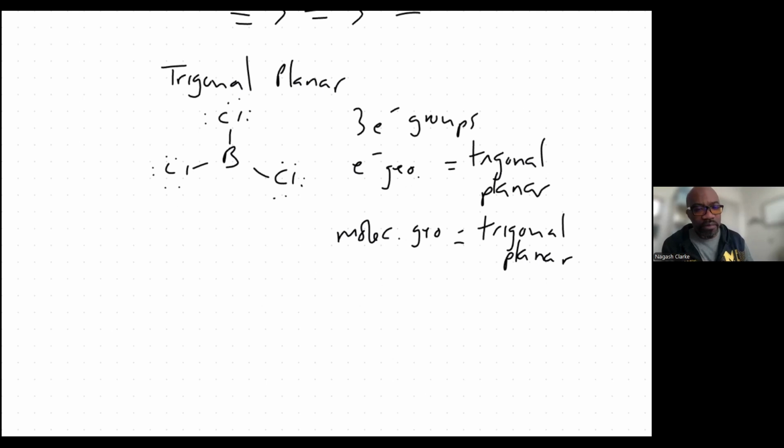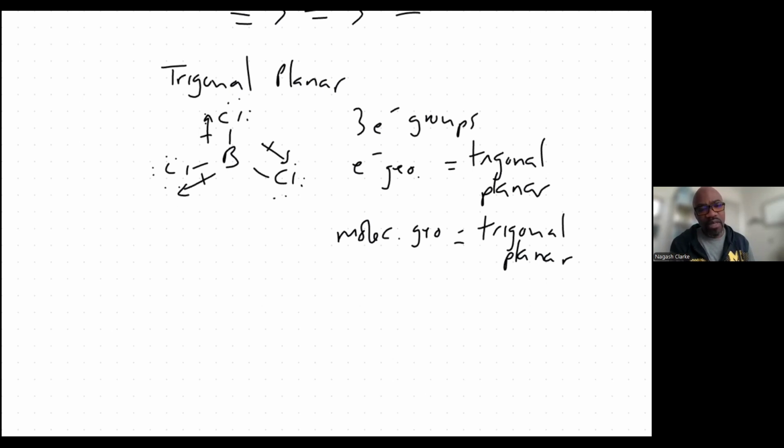What about the polarity? The BCl bond is pretty polar. The difference in electronegativity is definitely going to be more than 0.5. Boron is not a very electronegative atom, I think it's about 2.2.